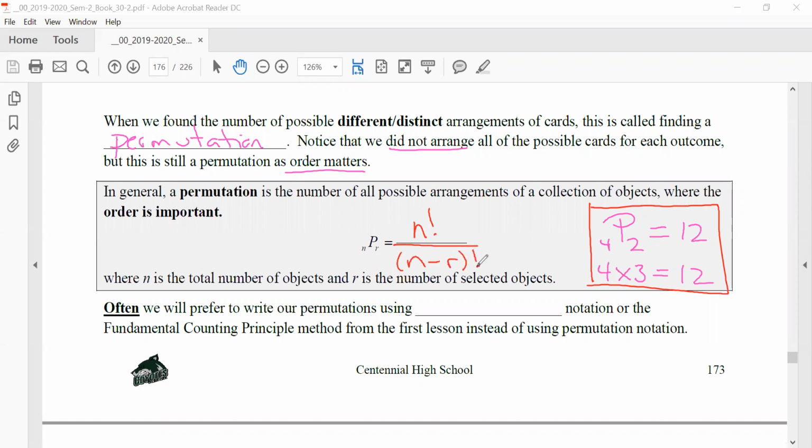Now, as soon as you see that, you probably go, oh, that looks like some of the stuff he was asking me to do when we were first beginning the unit. That's why. Remember I said you'll see why. We're going to look at that later on. Okay, at the bottom here, often we will prefer to write our permutation using factorial notation or the fundamental counting principle. What I want you to practice as you're trying these is, can I maybe write my answer in more than one way?